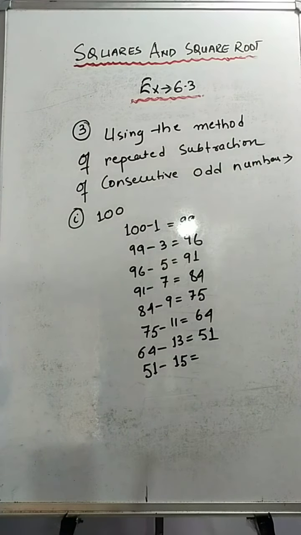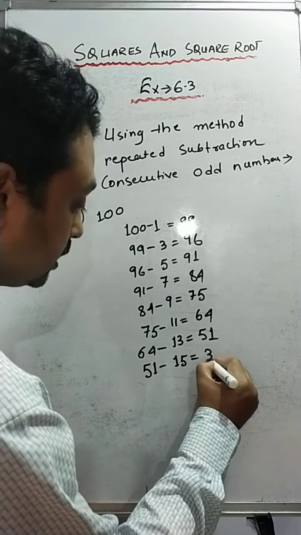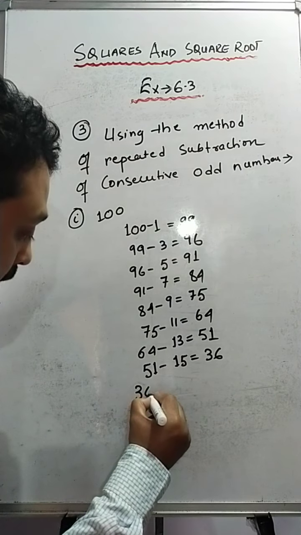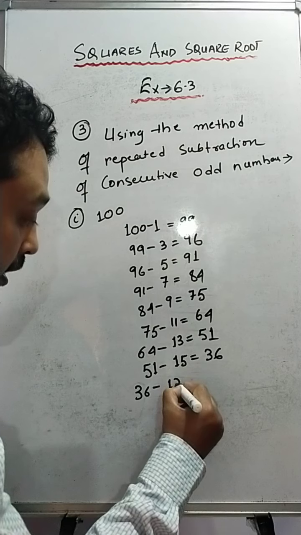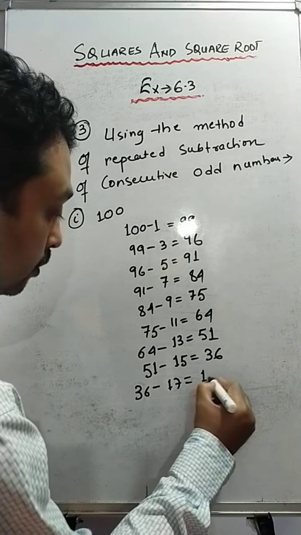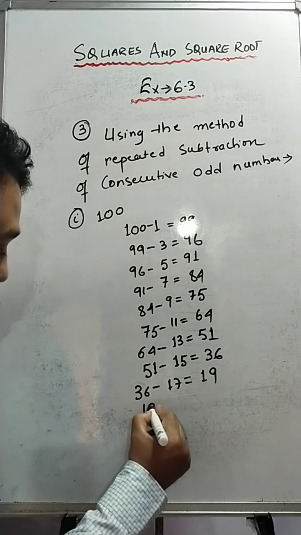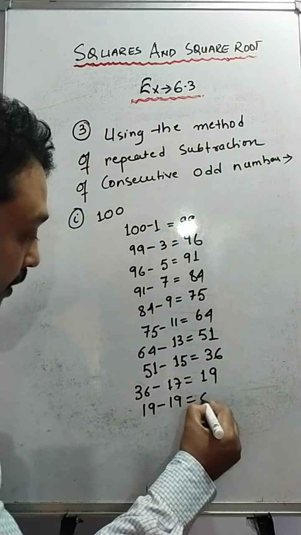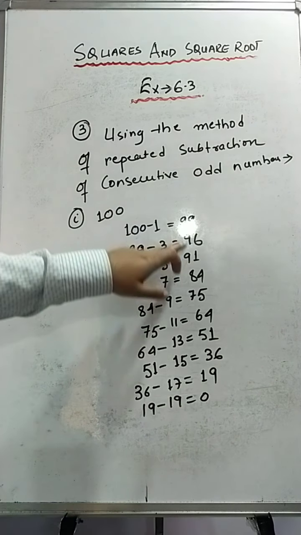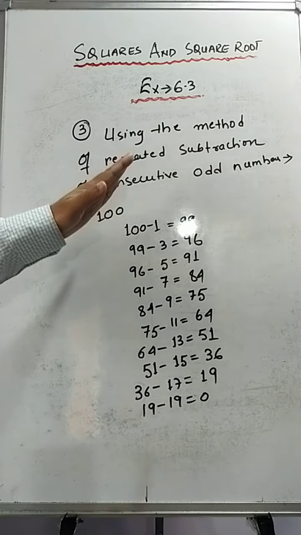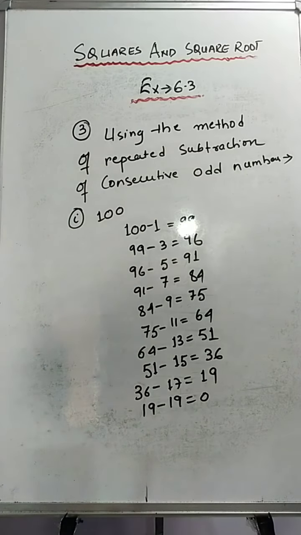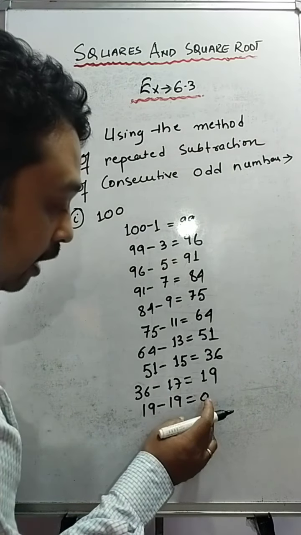So 51 minus 15 is what? 36, and 36 minus 17 will give you 19, and 19 minus 19 is 0. So until and unless you get 0, you will keep on subtracting. Fine. So now we have got 0.